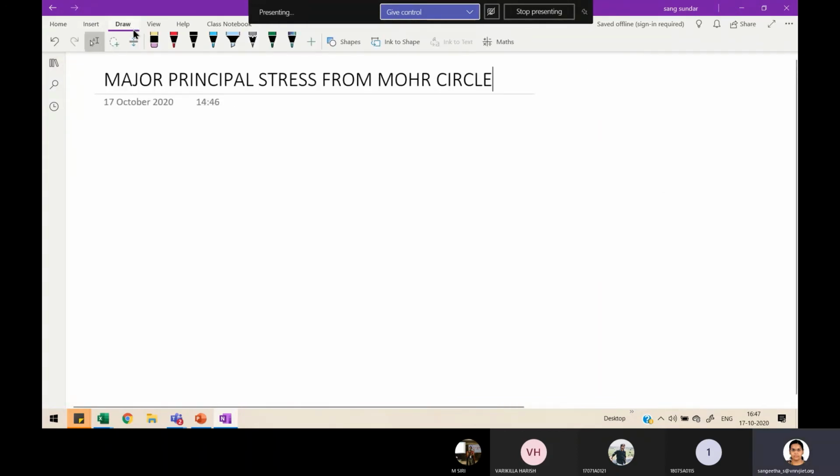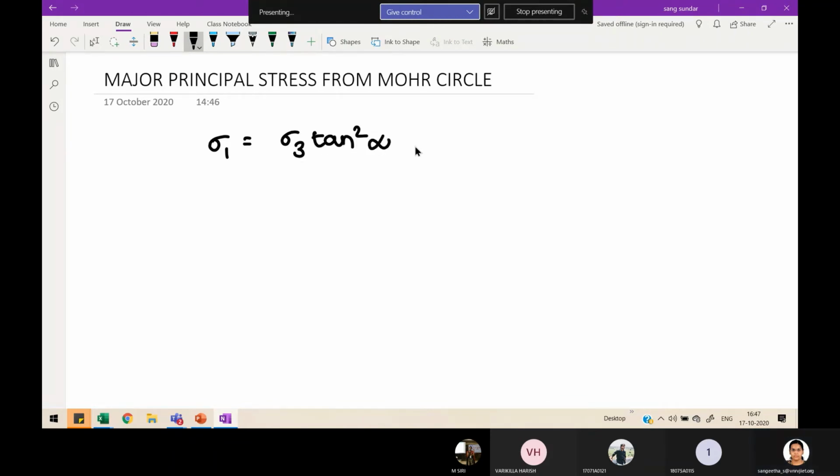Can anyone recollect that? What is sigma 1 equal to? Sigma 1 is equal to sigma 3 tan square alpha plus 2C tan alpha. I told you in yesterday's class we will discuss how this equation came from Mohr's circle.